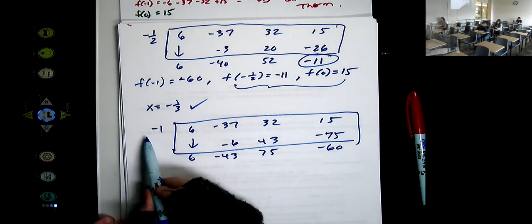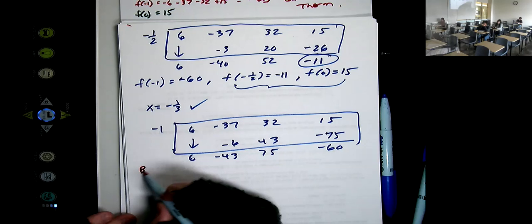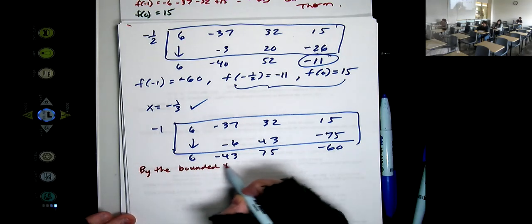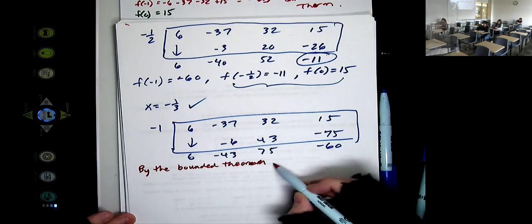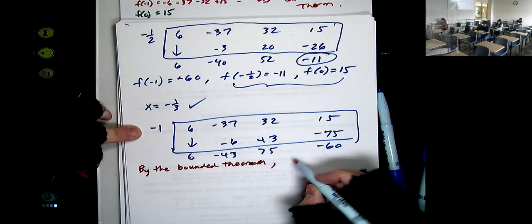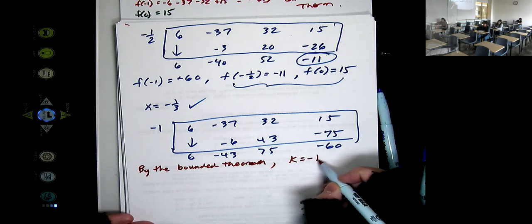By the bounded theorem, my C or my K, I wish they didn't switch between them. K here was -1.